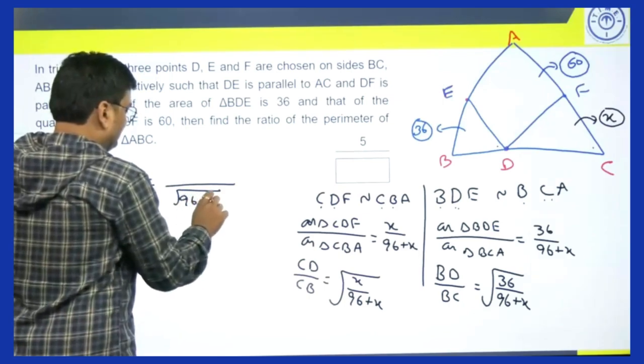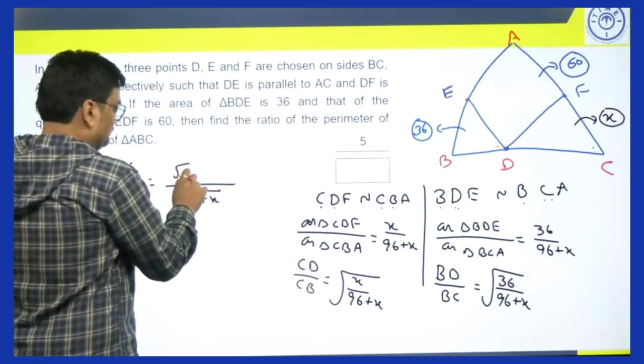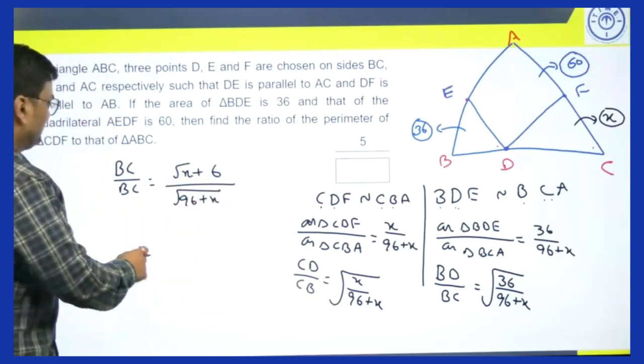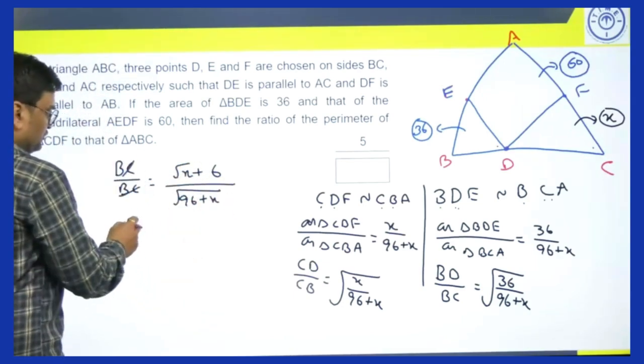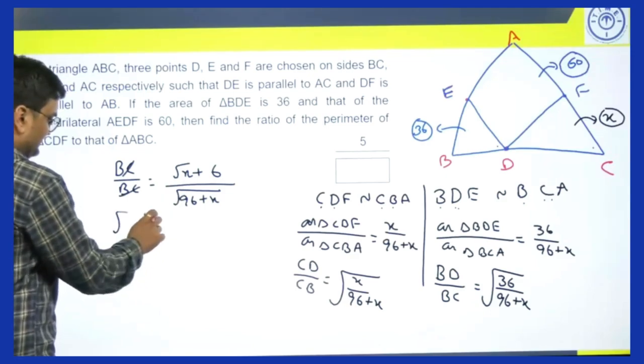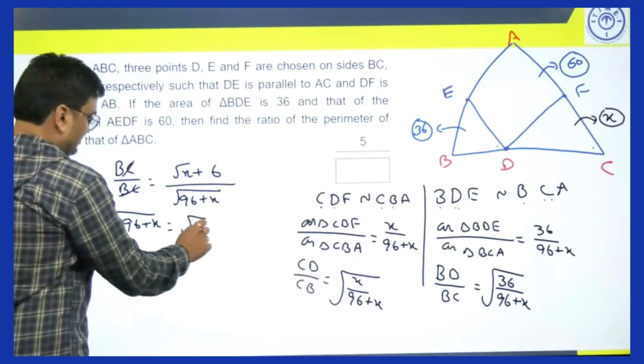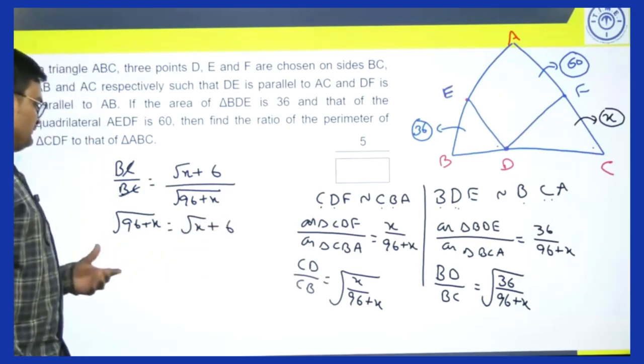So the numerators can be simply added, root x plus root 36, which is nothing but 6. So this is 1. So when you simplify this, root 96 plus x will be equal to root x plus 6. How do we solve for this?